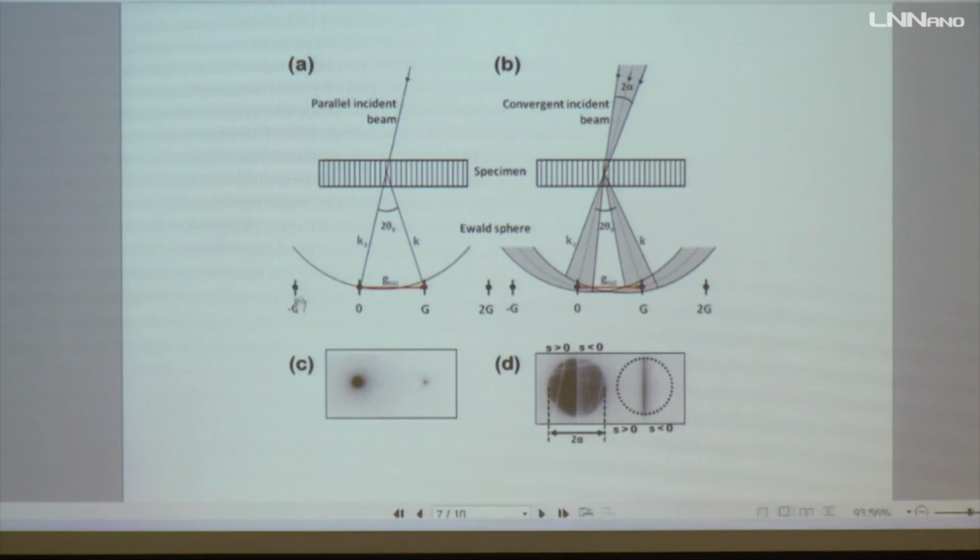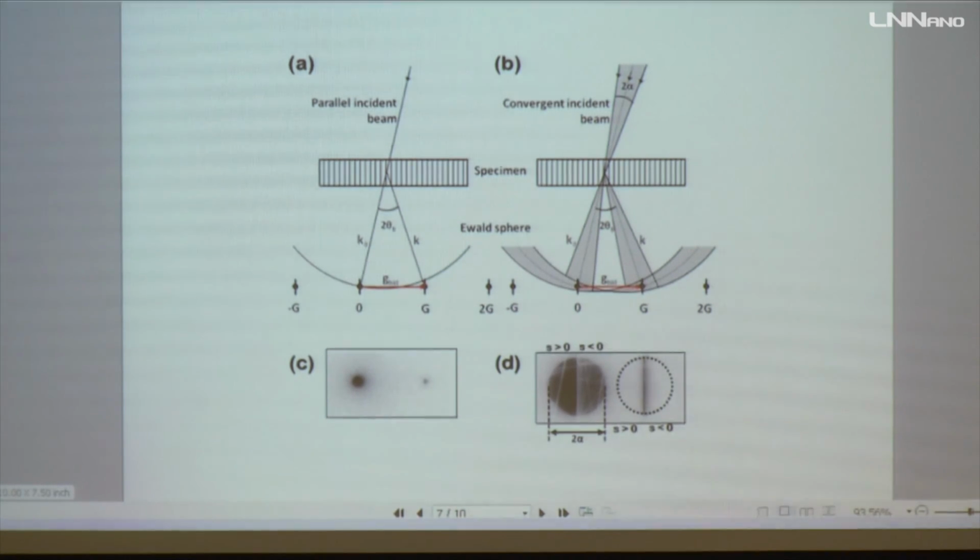The size of this line depends on the extinction distance of your crystal. And even though the Ewald sphere is a little bit away, we see some spot, with really very low contrast. So this effect we can see in CBED mode very well, as shown here.